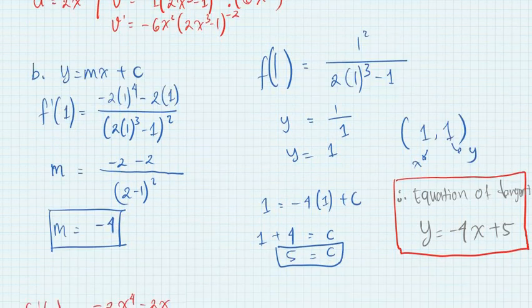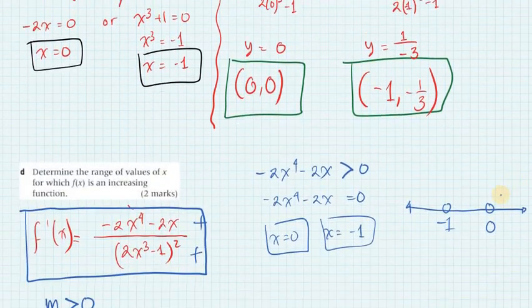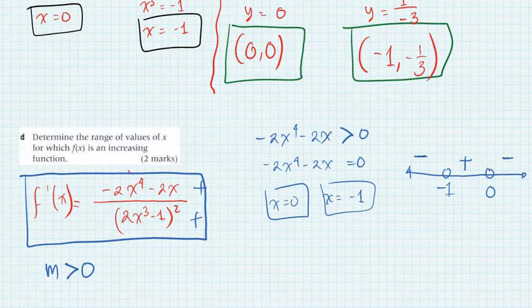It's from question B. It means this region is negative, this one is positive, this one is negative. Negative, positive, negative. So we need something positive, which is more than 0. So the value of x should be between negative 1 and 0, or we can write that x should be more than negative 1 but less than 0.